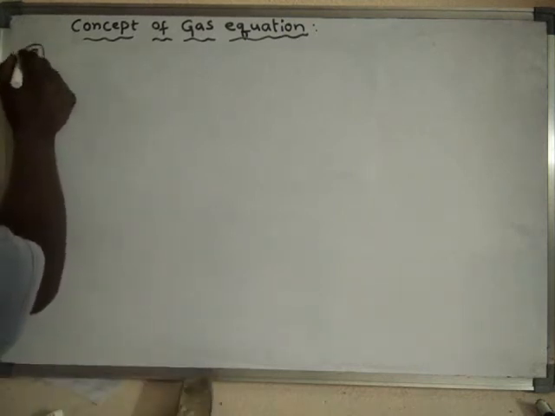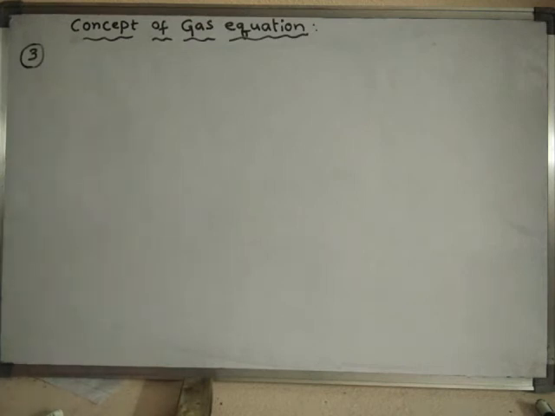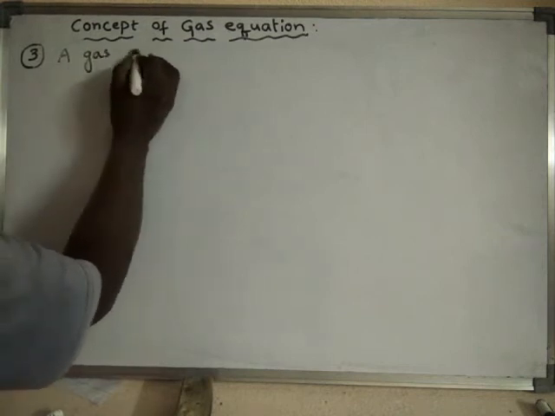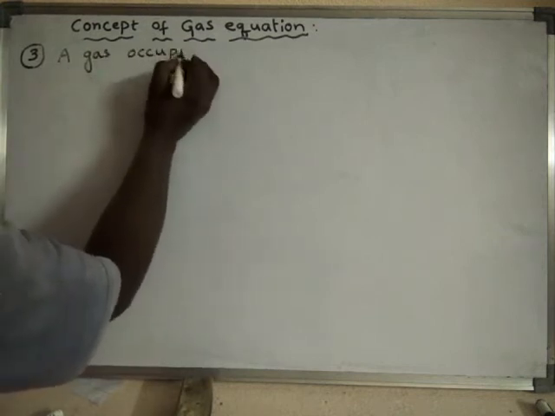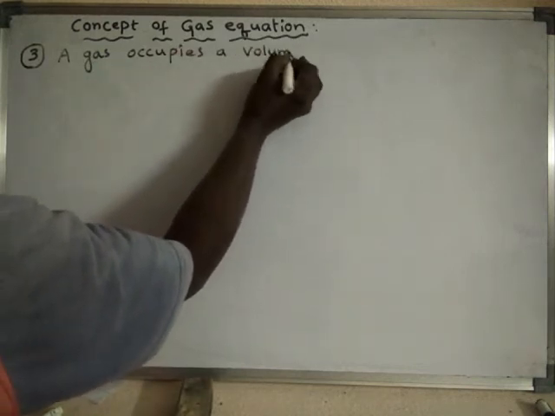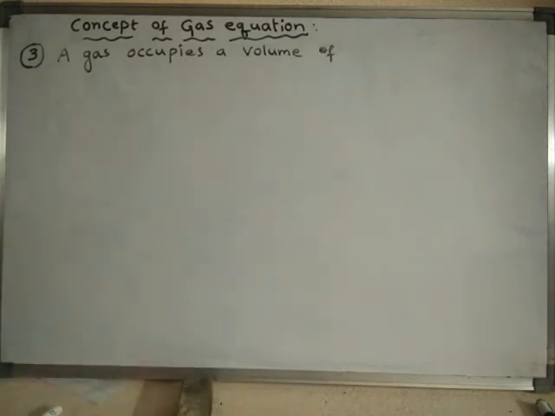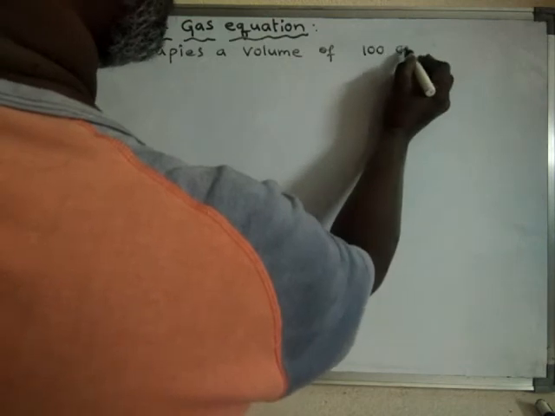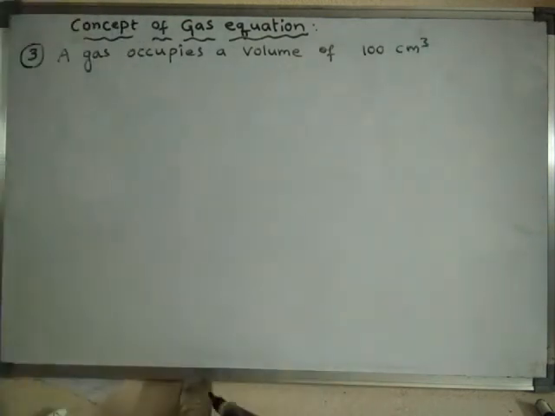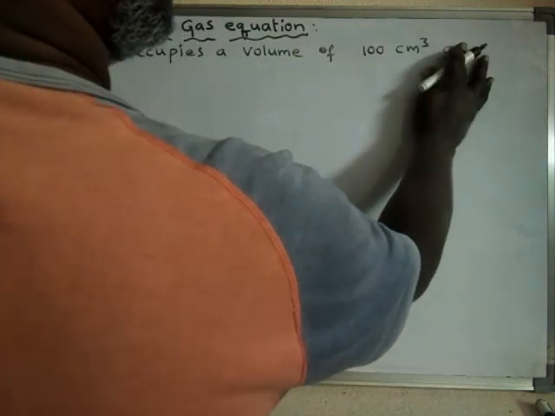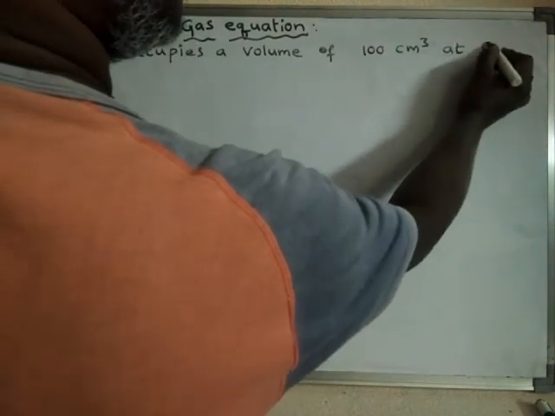So we will see the third question. What is the third question? A gas occupies a volume of 100 centimeter cube at 0 degree centigrade.